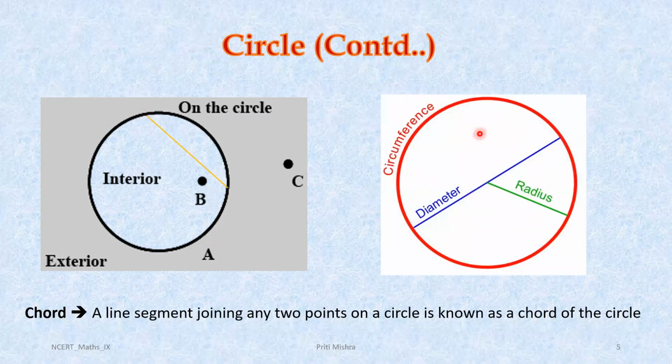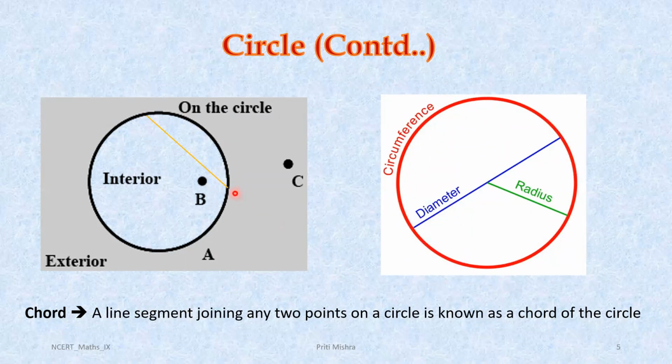Now this is a circle. Here you can see I have shown you radius, diameter and circumference. Radius, now you know well, is the distance between the center and any point on this circle, and diameter is the longest chord of this circle.